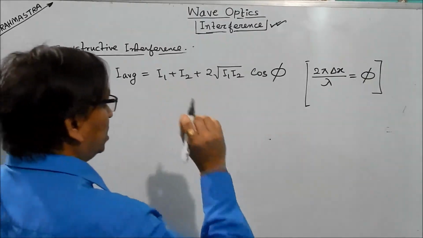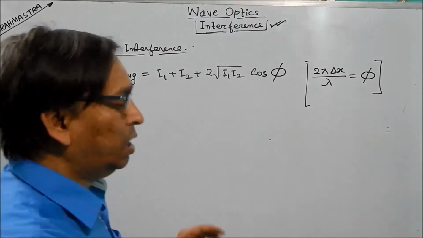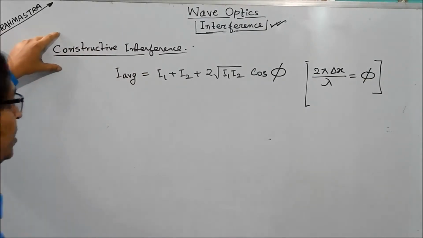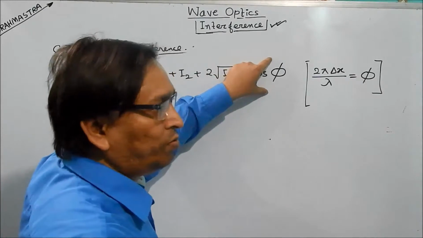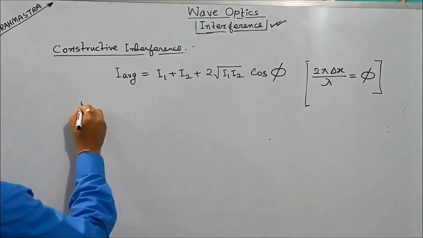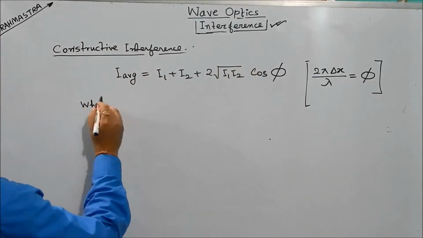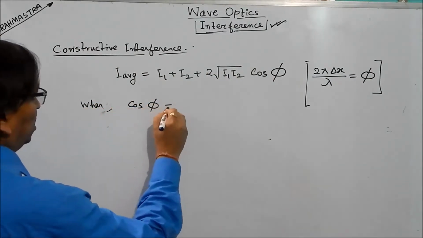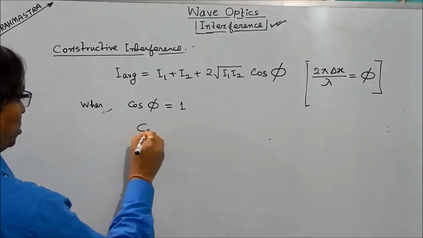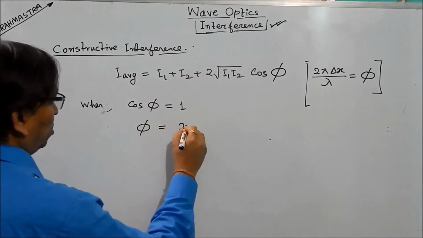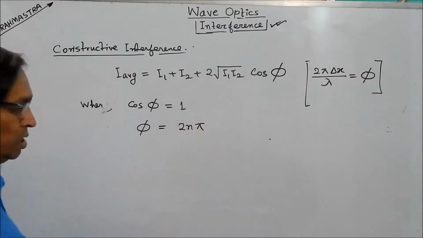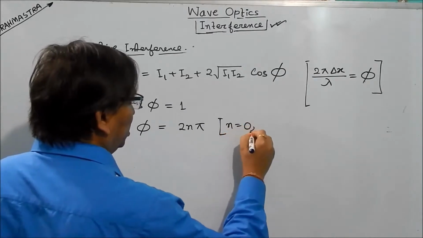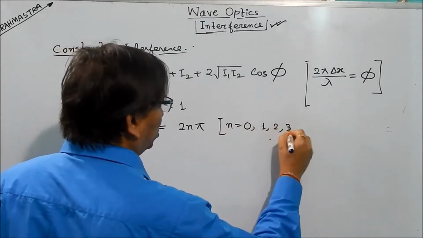Now there may be two cases or more than two cases. I will discuss three cases. First, the constructive interference. Constructive interference means when the value of cos phi is 1. This is possible when phi is equal to 2n pi, that means even multiple of pi, and the value of n may be 0, 1, 2, 3 and so on.